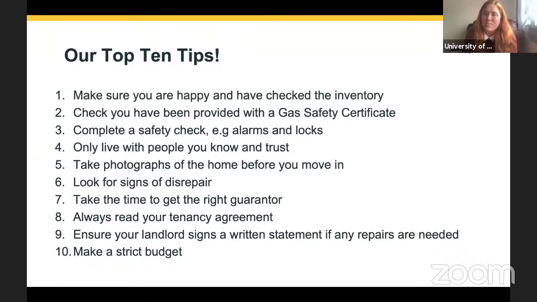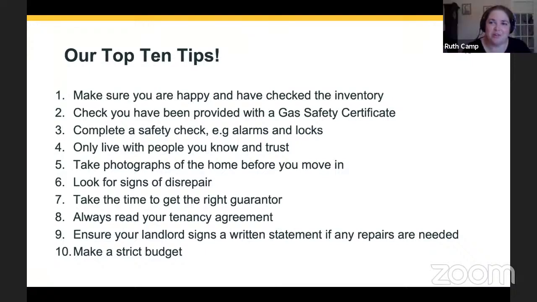So check that you've been provided with all of the necessary certificates. So if it's a gas safety certificate, or, sorry, wrong scheme. But there are documents that are given to you at the start of your tenancy. So what would be the main ones that we need to look for?